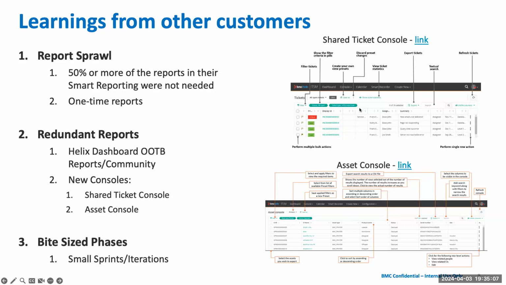You can filter them, export the results, and save presets. This can probably substitute a lot of the reports that you might have created for just this kind of information. Same goes for the asset console. If you are just interested in a tabular listing of assets with certain filters applied, probably this can help you. You can export this just like the shared ticket console.